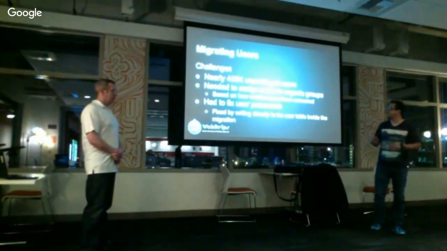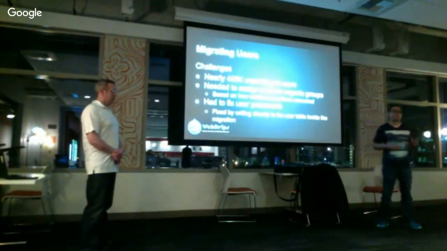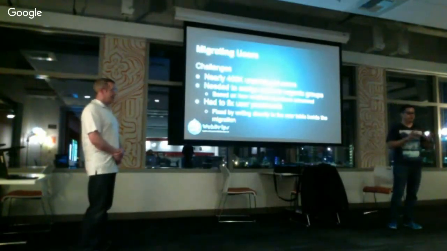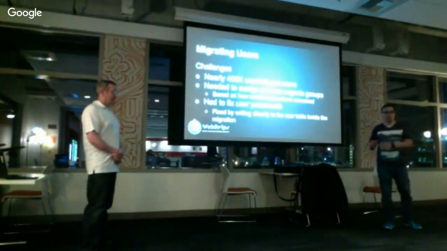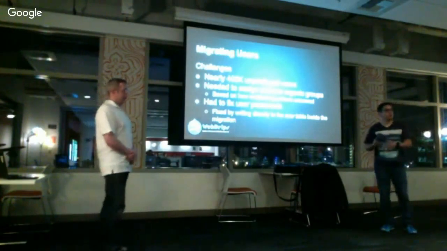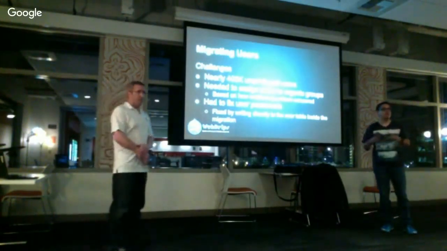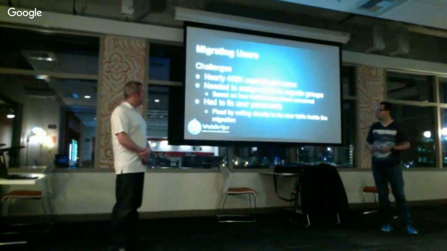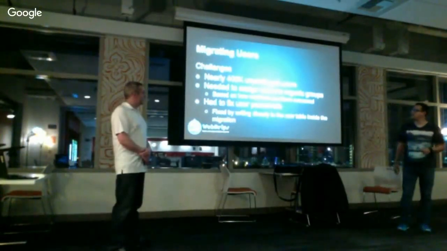And in this new architecture, we were using organic groups. So we needed a way to map from roles into organic groups. And also organic groups have their own roles. So we needed to make sure that all the roles being assigned to the users in the new schema were correct, so we had to take care of that.